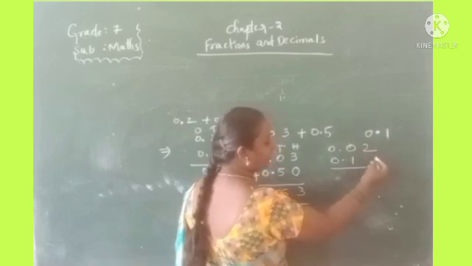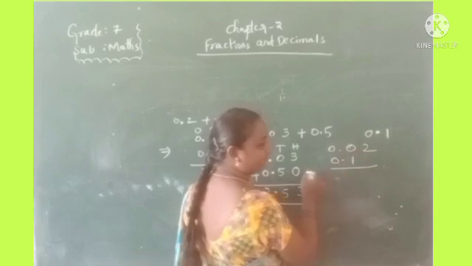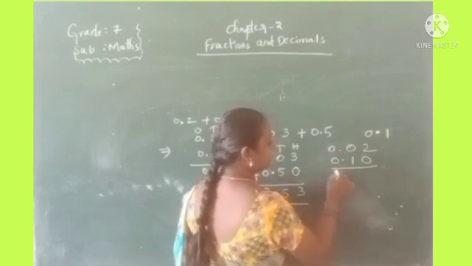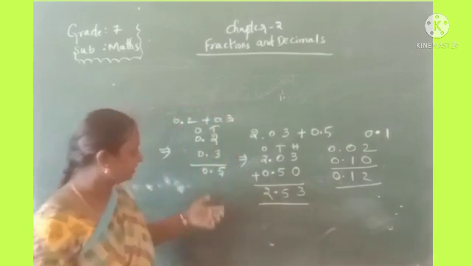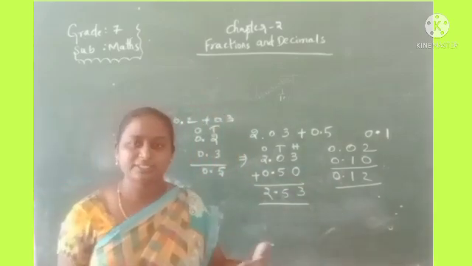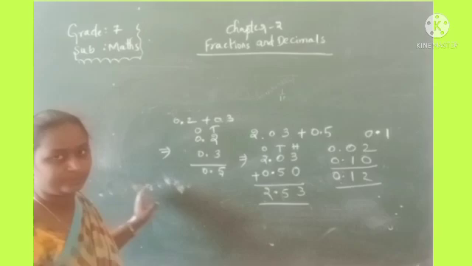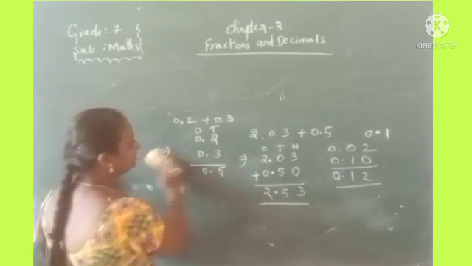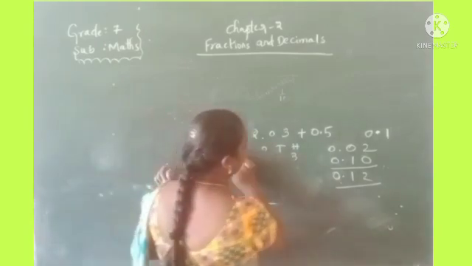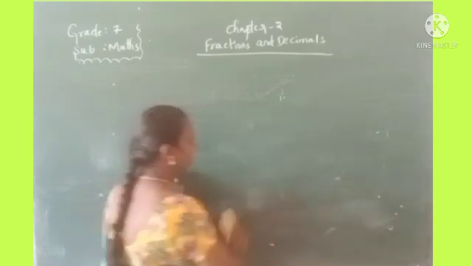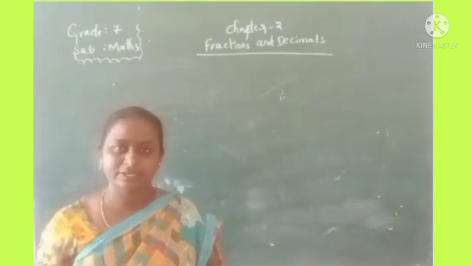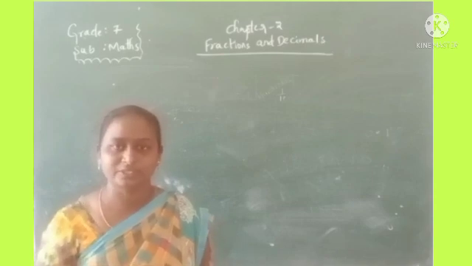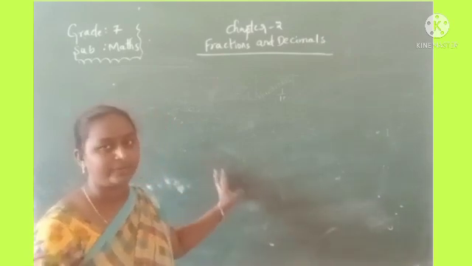Here there is no hundredth place, so you add 0: 0.10. The sum is 0.12. All of these you are going to learn in the exercise problems, okay, children? This is addition, and you will learn how to subtract decimal numbers, and multiplication and division of decimal numbers. Everything you are going to learn in this decimals part.